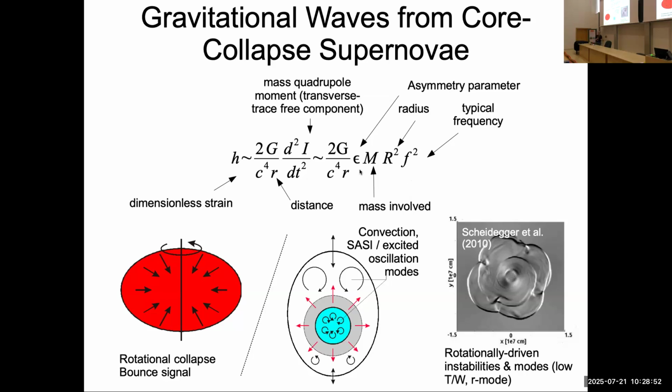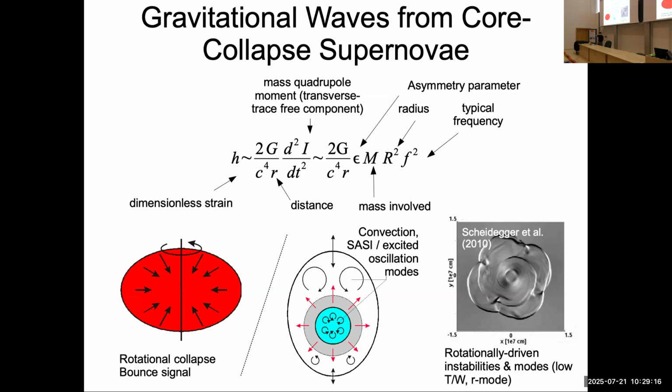Now, in the core collapse supernova context, this is why we haven't detected them yet in gravitational waves. We are in the less fortunate situation compared to, say, neutron star mergers, that the aspherical motions involved don't carry the bulk of the energy of the system.